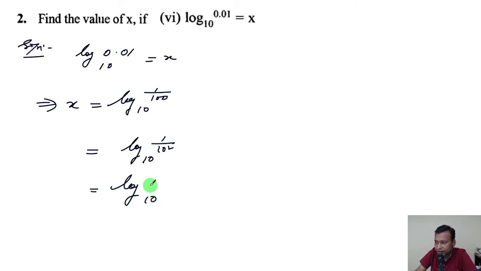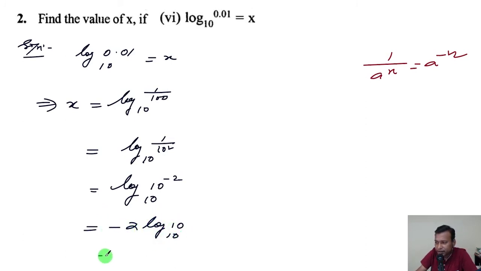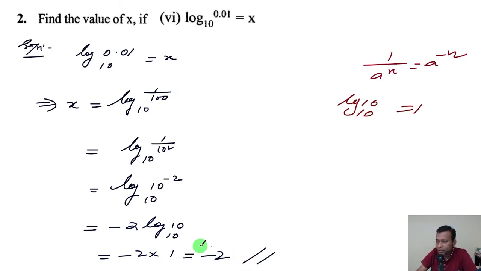Log to the base 10, and here we can write 10 power minus 2, because 1 upon a power n is a power minus n. Now this equals minus 2 log 10 to the base 10, this equals minus 2 into 1, because log 10 to the base 10 is always 1. So this equals minus 2. So our answer is minus 2.